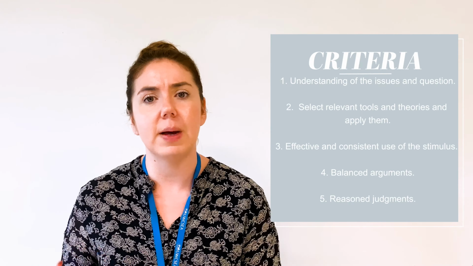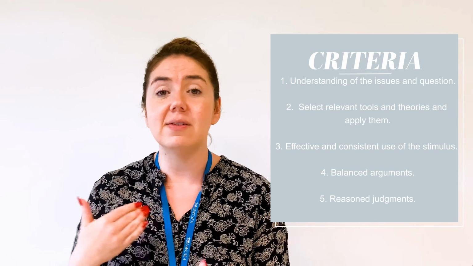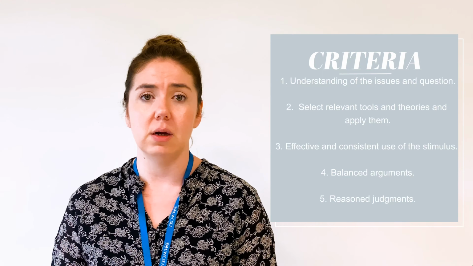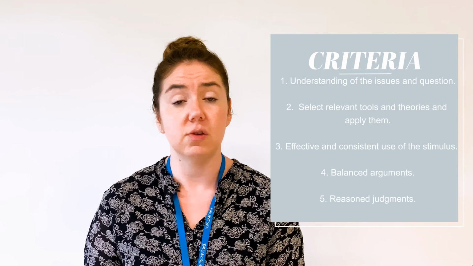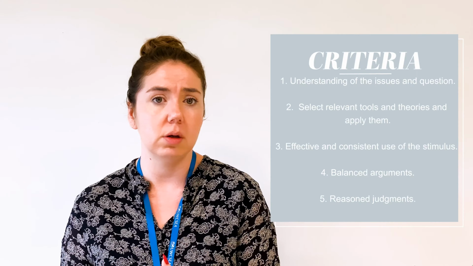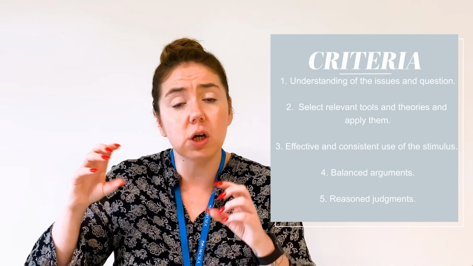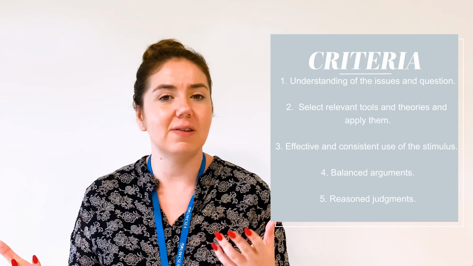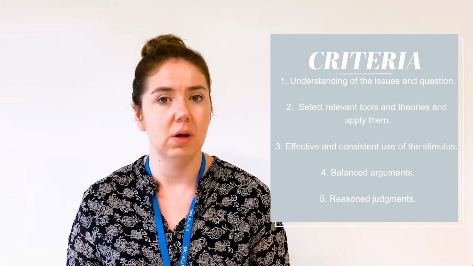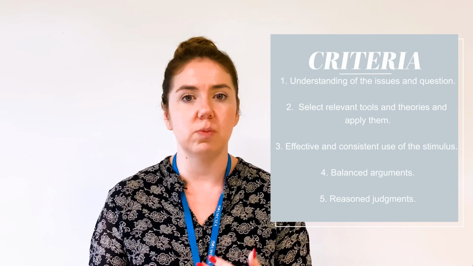So achieving some balance in that response, because that then leads directly to the last criteria, which is reasoned judgments. Your 10 marker should have a conclusion, and each paragraph should conclude each point with a clear statement of how it affects that conclusion. This is where the reasoned judgments come in.